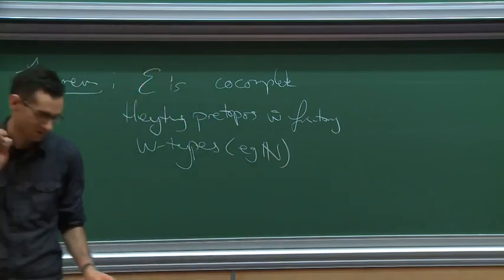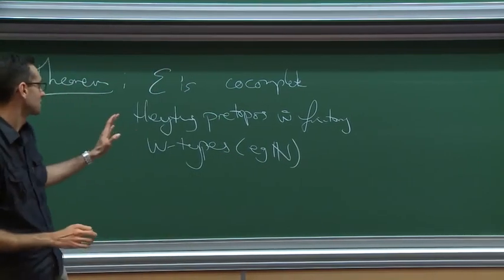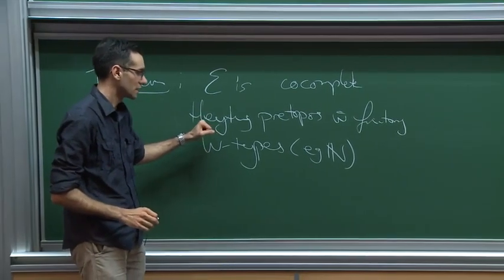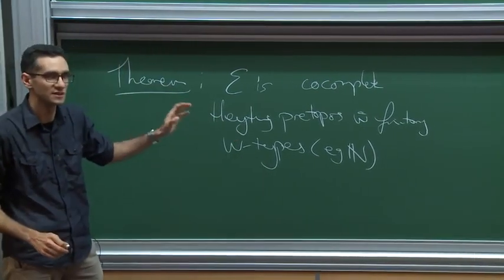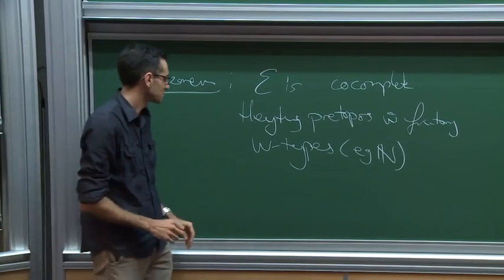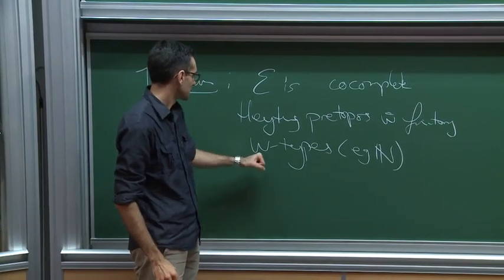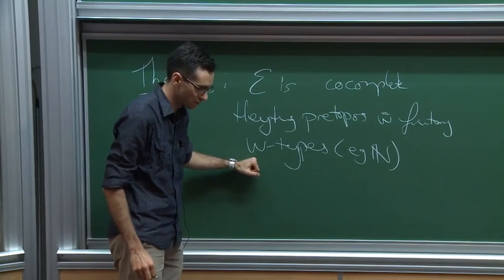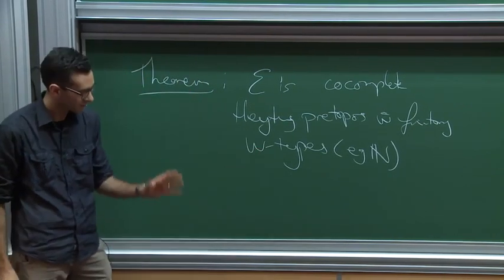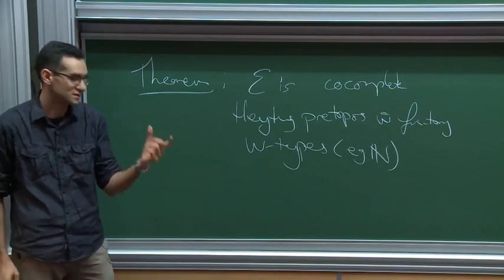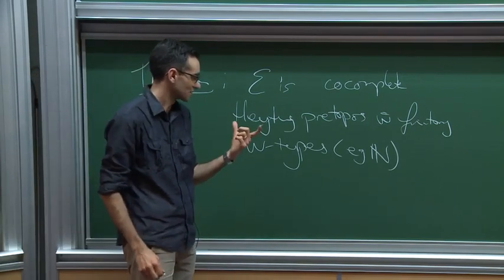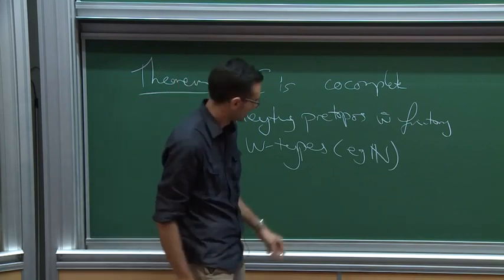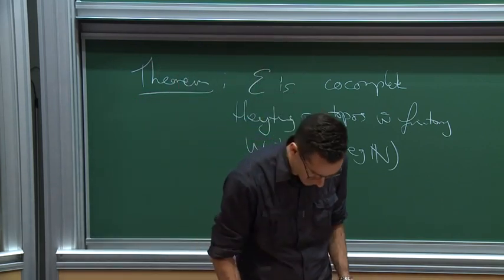So the internal logic here is first order intuitionistic logic. You get Heyting algebras as your subobject lattices. W-types means it has initial algebras for polynomial functors associated to maps which are numerals in a slice category, so literally a finite polynomial. Natural numbers are an example of this.